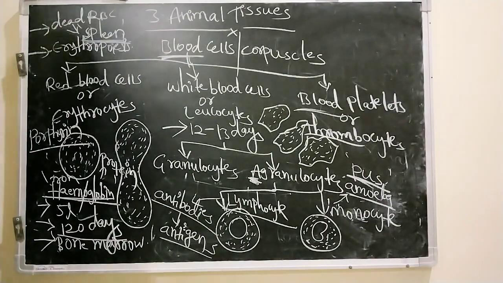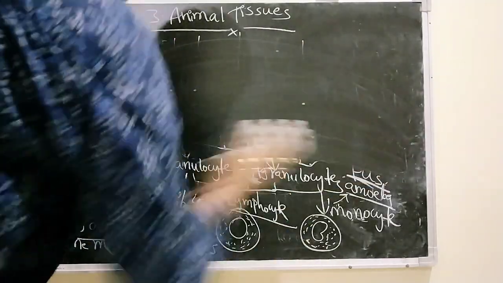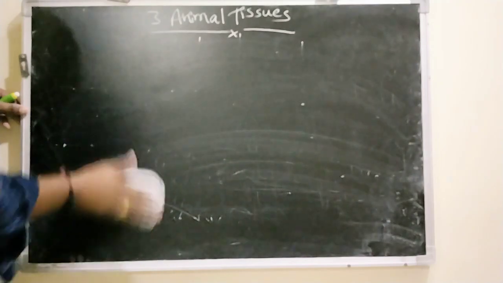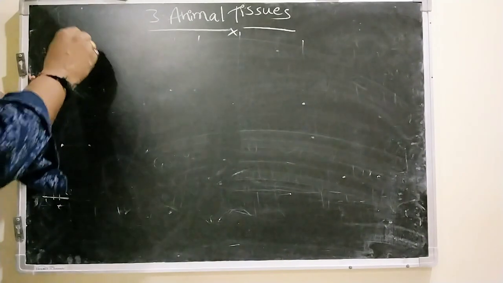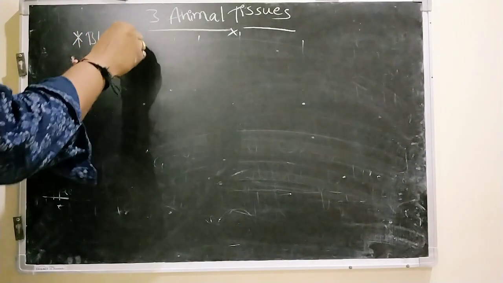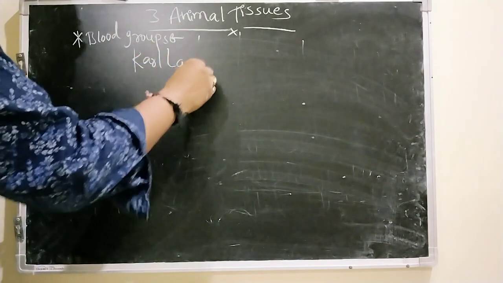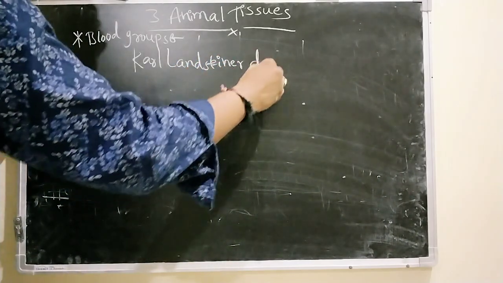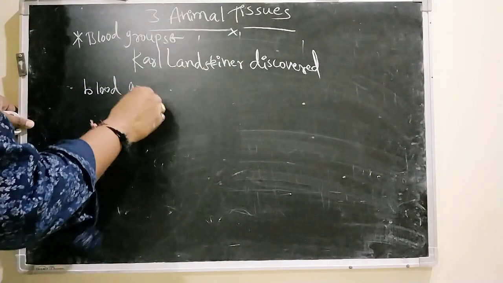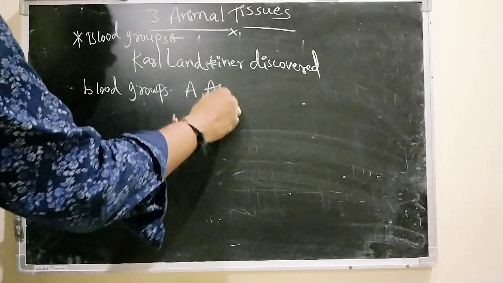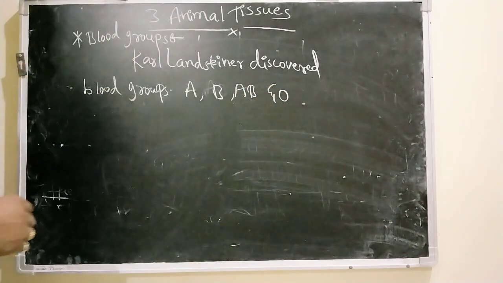Okay, right. Next, blood groups. Carl Landsteiner discovered blood groups and identified them as A, B, AB and O. Right.